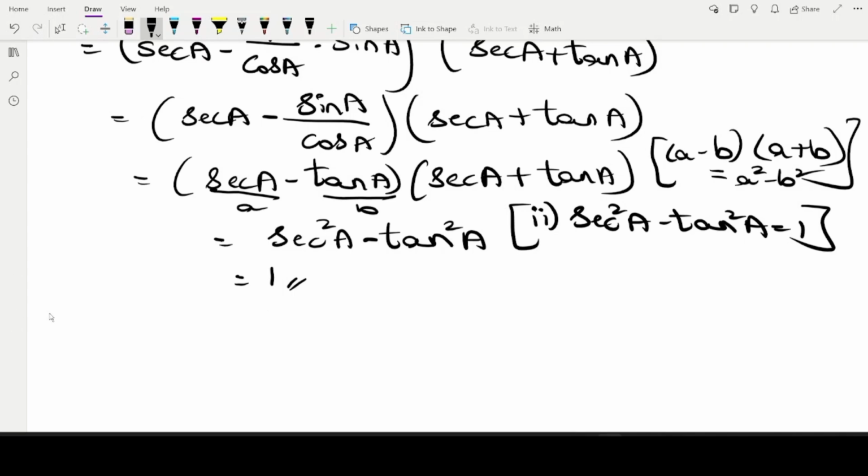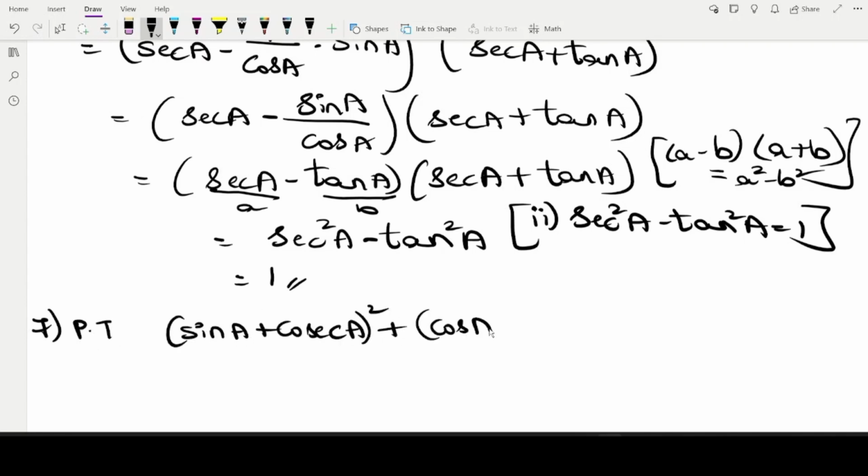Now let us discuss the seventh problem, which is: prove that sin a plus cosecant a whole square plus cos a plus secant a whole square equals 7 plus tan square a plus cot square a.